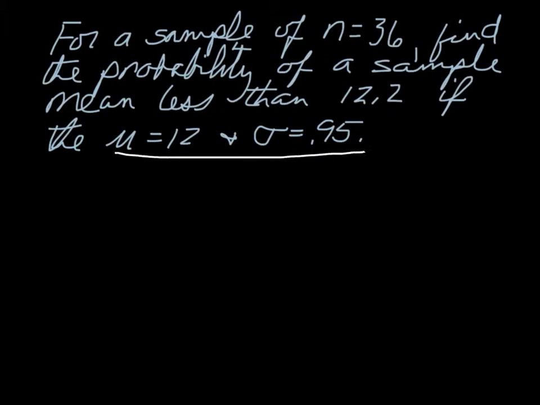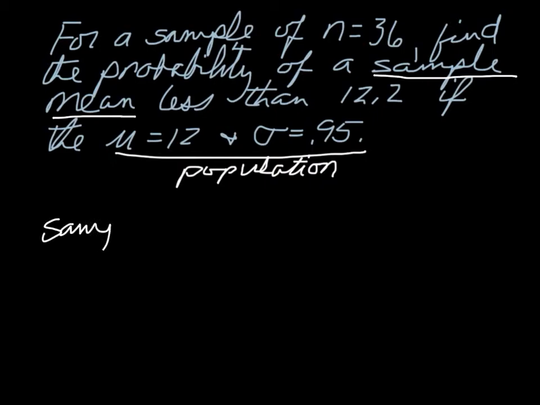The notation here tells us that this is the population. But what we're trying to find is the probability that a sample mean is less than. So once we say we want to find the probability of a sample mean, that indicates to us that we are looking at a sampling distribution.